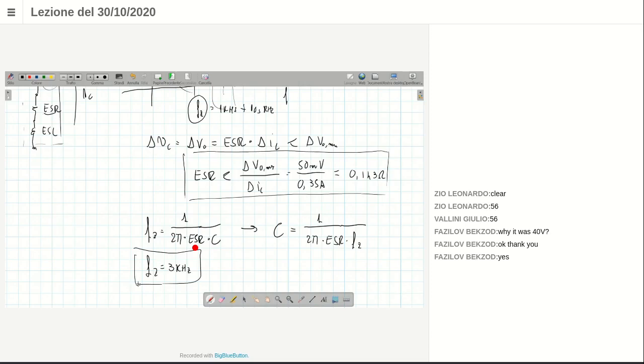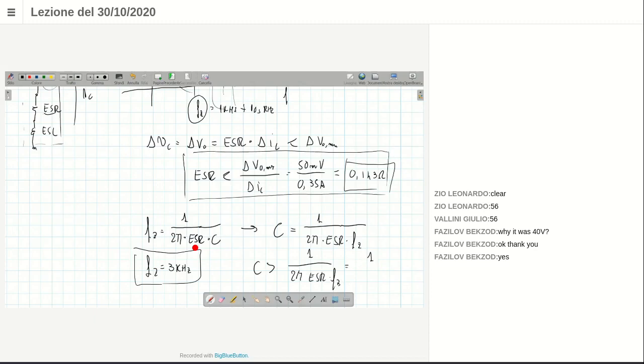It means that the capacitor works as a capacitor up to a higher frequency. If we use a capacitor with a zero at 3 kilohertz and we have this target ESR requirement, we get that the capacitance of the capacitor should be larger than 1/2 pi ESR times Fz.